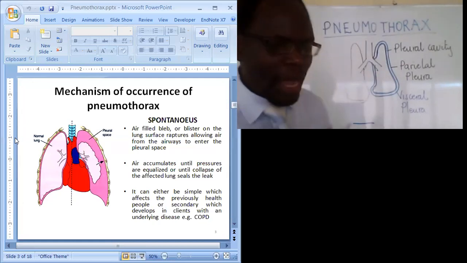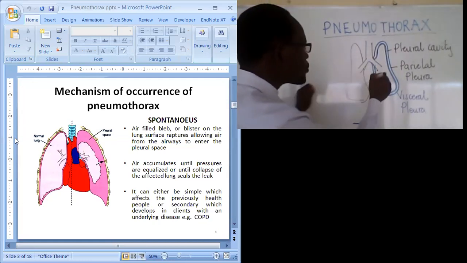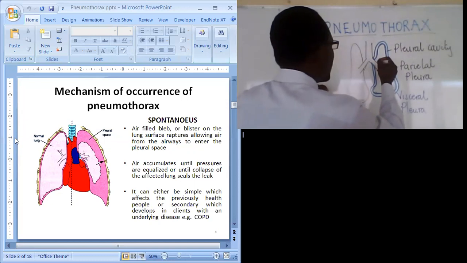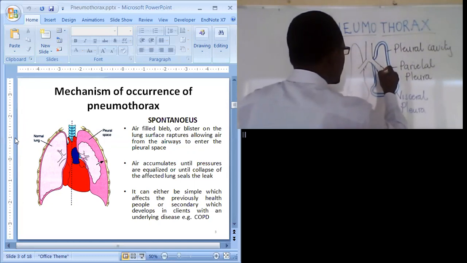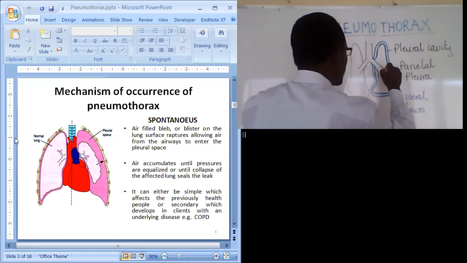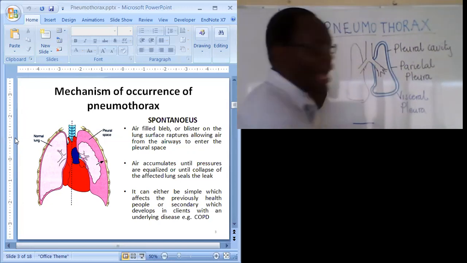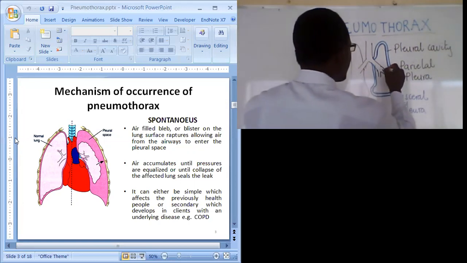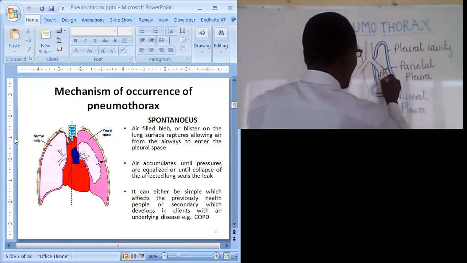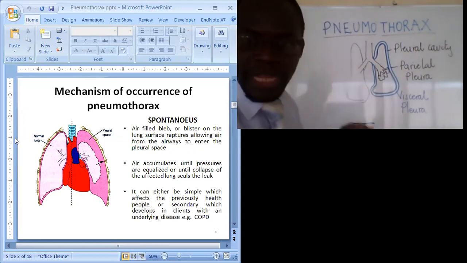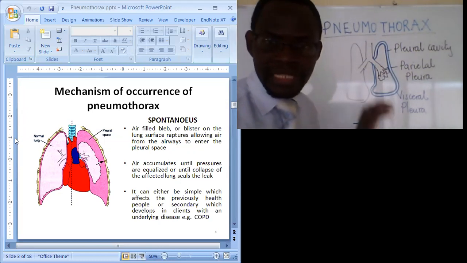Assuming you have, these are your alveoli. This is your tree, your broncho tree, yeah. And then you have alveoli. Alveoli are the smallest units of gaseous exchange within the lung.